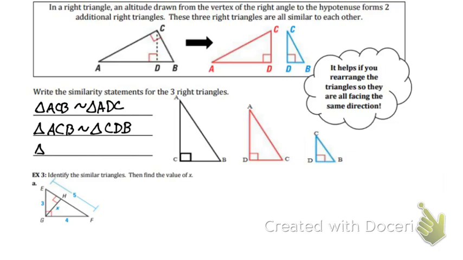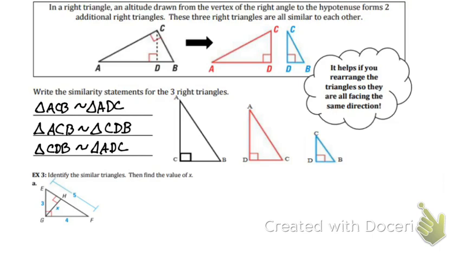And finally, triangle CDB is similar to triangle ADC. That means every one of those parts follows a ratio, i.e. if I did AC over AD, that would be equal to CB over DC. Or if we did AB over AC, that'd be the same thing as CD over DC. So that's what we did with similar triangles.